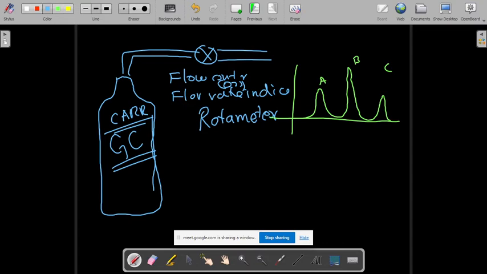I'll just take a very low flow rate first. So what are these peaks actually? These peaks are retention time. I'll use a yellow color. Retention time.